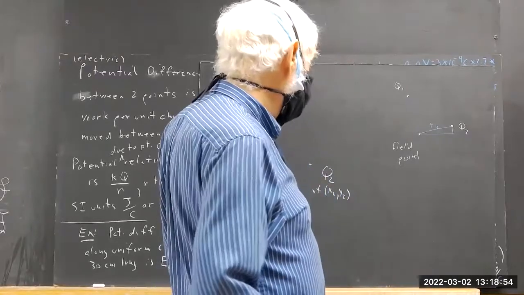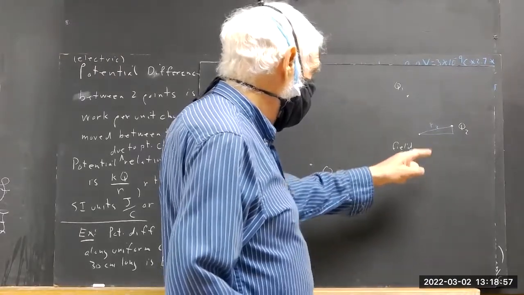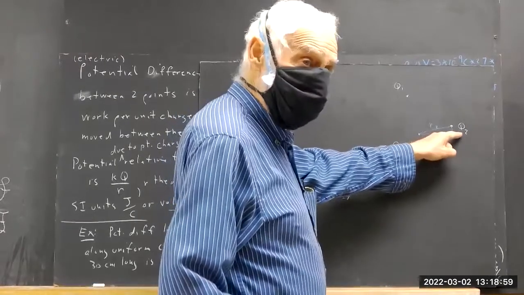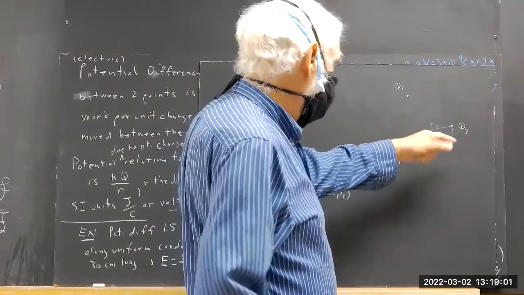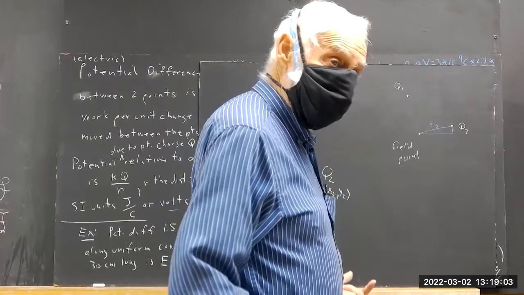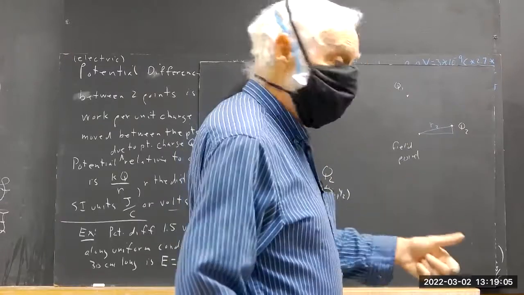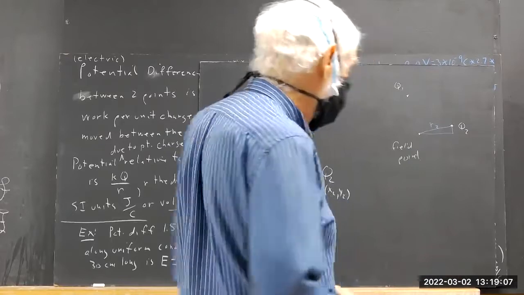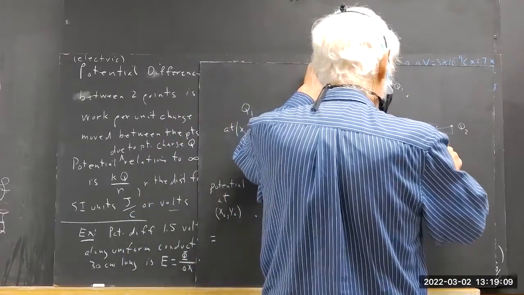And the right triangle doesn't have sides x2 and y2, it has sides x2 minus x naught and y2 minus y naught, right?